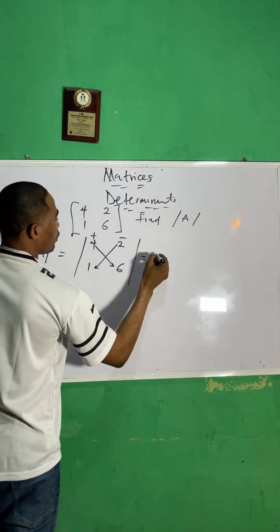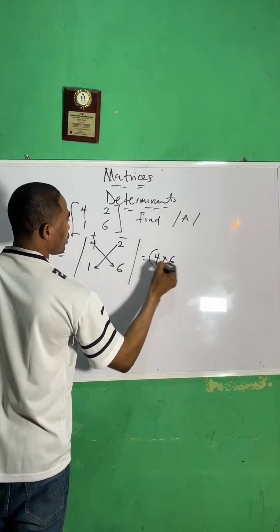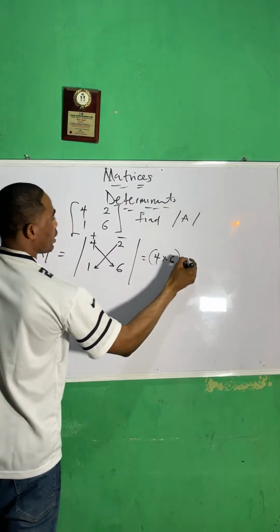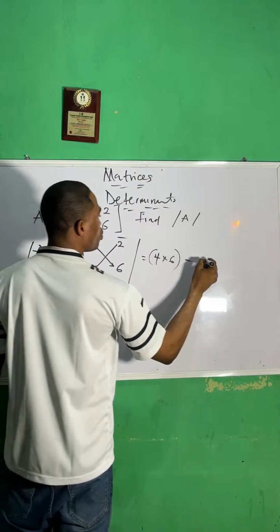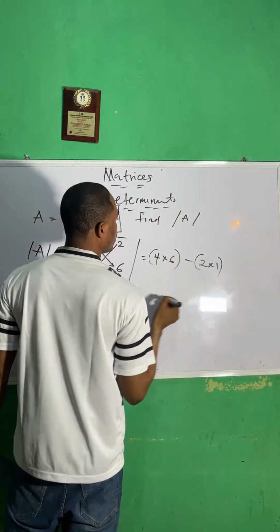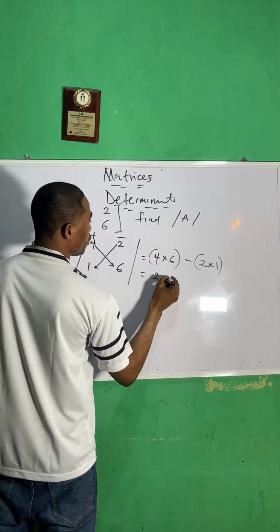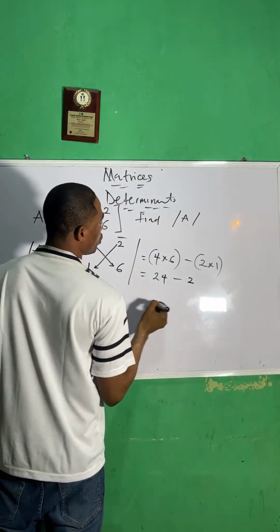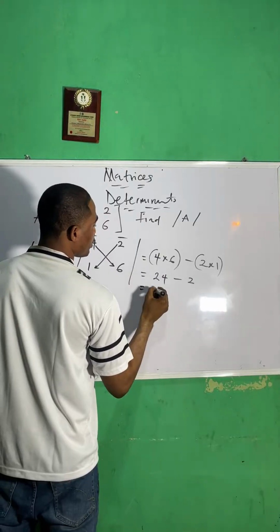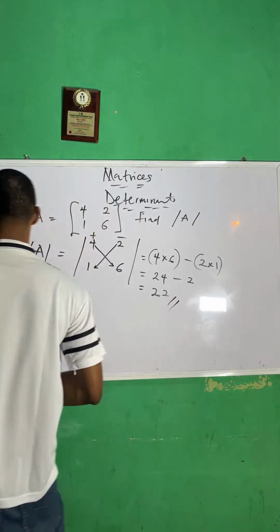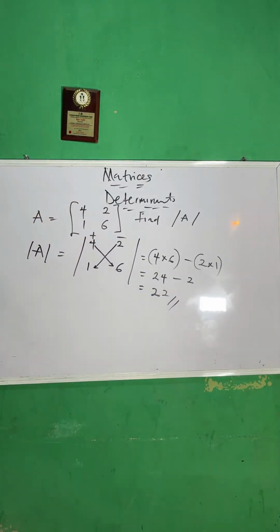So what I'm going to have now is 4 times 6, and with the negative sign, minus 2 times 1. So 4 times 6 gives me 24 minus 2. Then that means the determinant of A is 22.